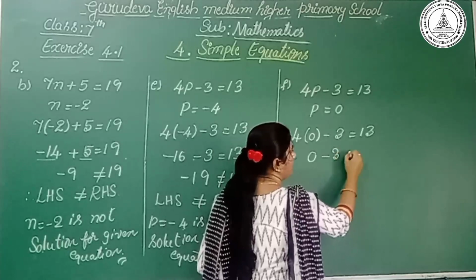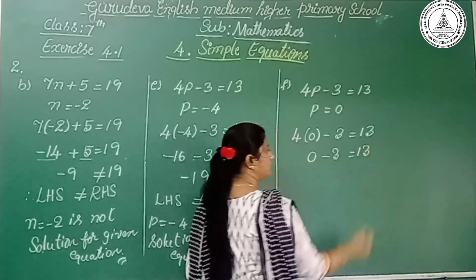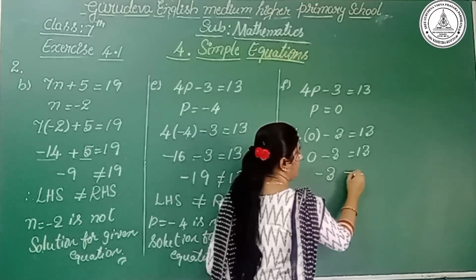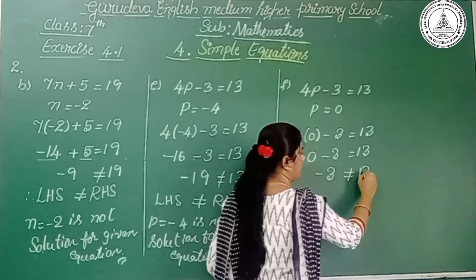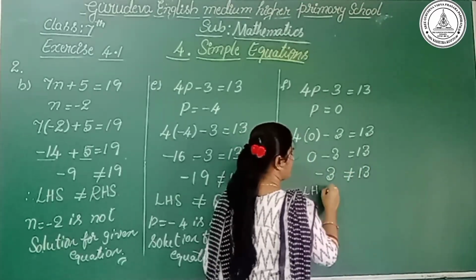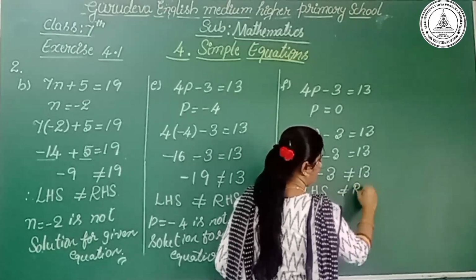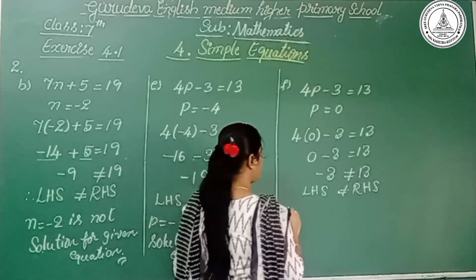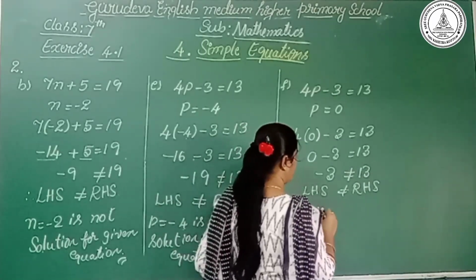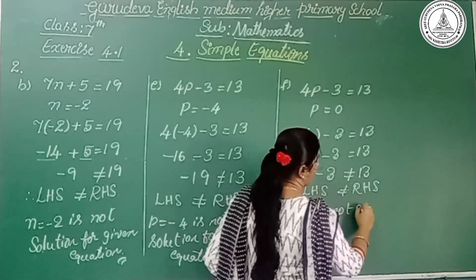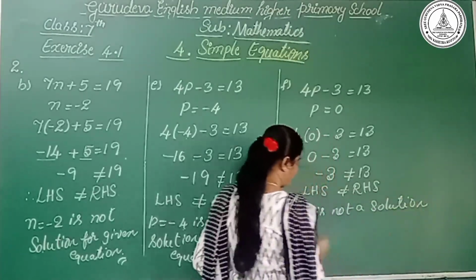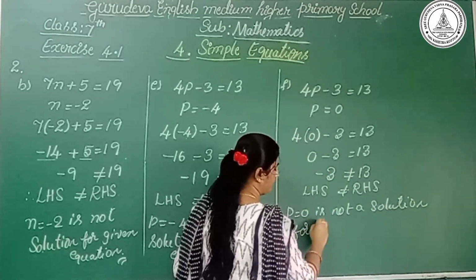Then 0 minus 3 is minus 3, which is not equal to 13. So LHS is not equal to RHS. Then write down p equal to 0 is not a solution for the given equation.